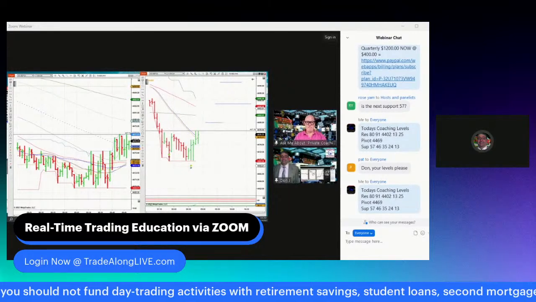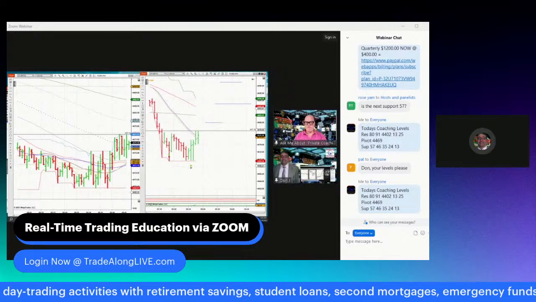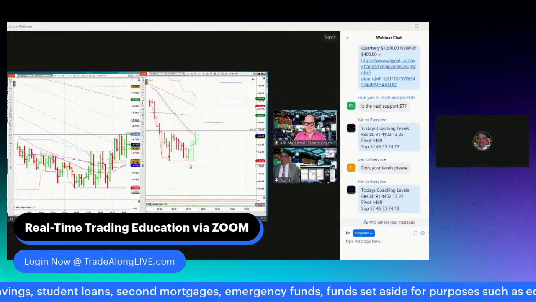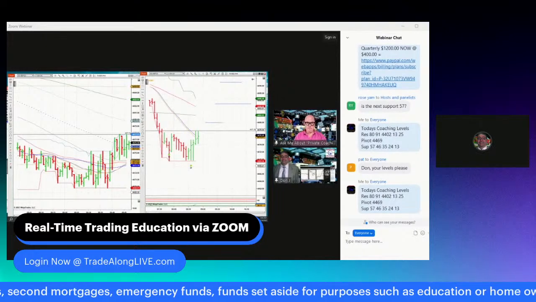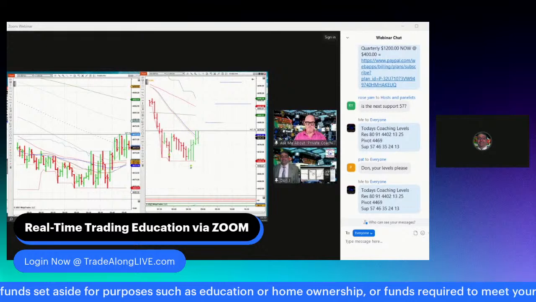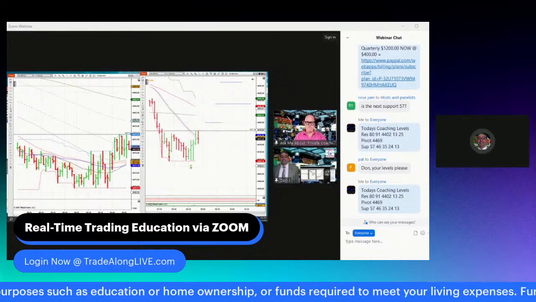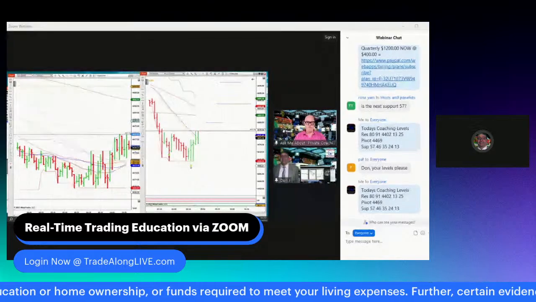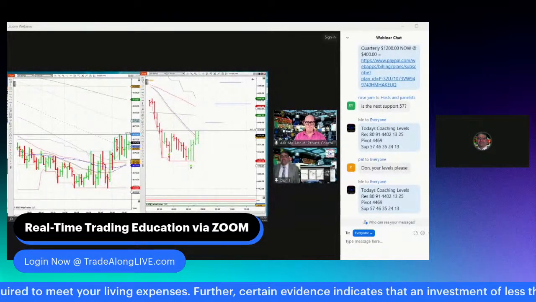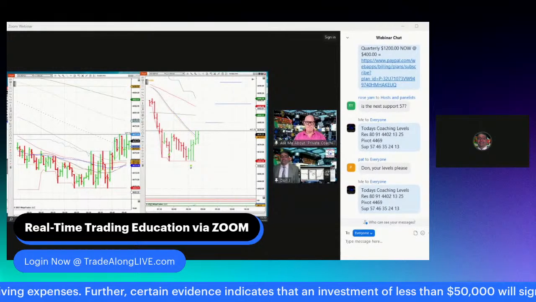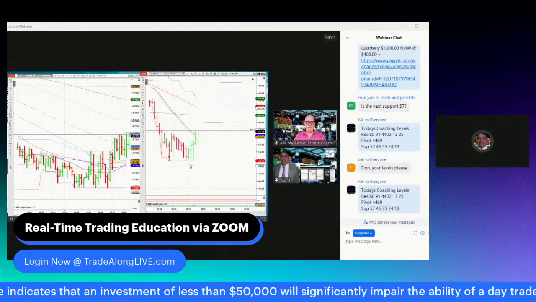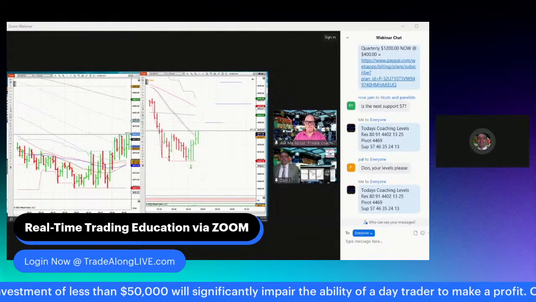We're still working that 74, 75 area. I mean, we had good reason to take our blue band, and it worked. It's just another trade in the arsenal. We just take them as they come.